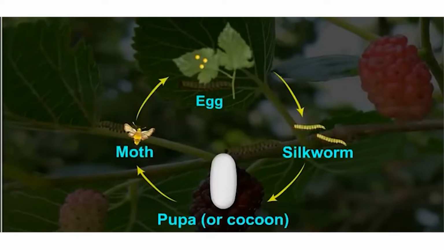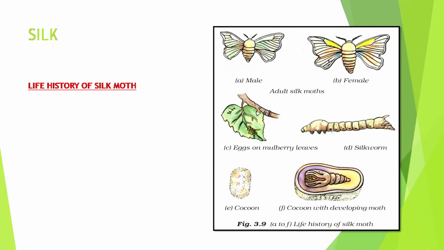After hatching, the silkworm or caterpillar comes out and moves its head to make a cocoon, with the moth developing inside the cocoon. So this figure shows the whole life history of the silk moth.